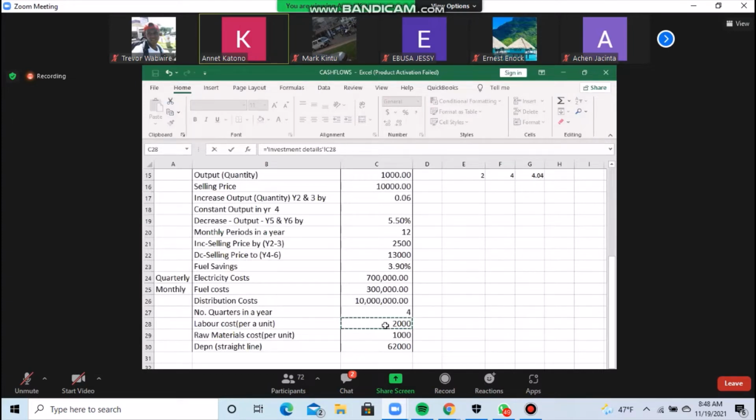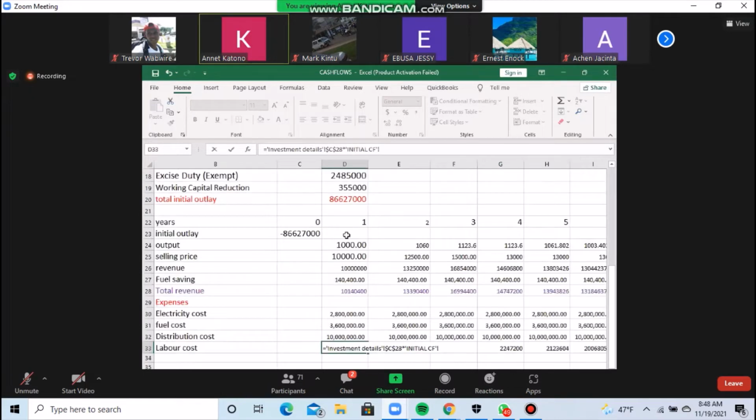So fix it, since it is going to be used all through, and multiply it by the number of units that you produce in the particular period you're in. We are in period 1, and therefore you produce 1,000 units, the 1,000 and the 2,000 per unit. Enter and get your 2 millions, and then you autofill to get the rest of the values.